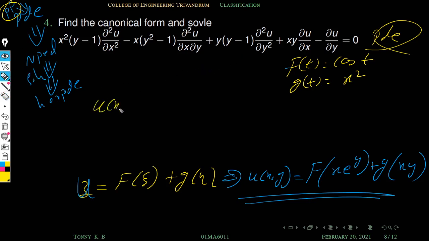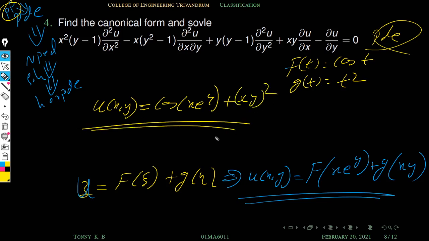What about uxy? If you choose f as cos t and g as t square, then what is the solution corresponding to this choice of f and g? F of x e raised to y, so the first one becomes cos of x e raised to y plus the square of xy.